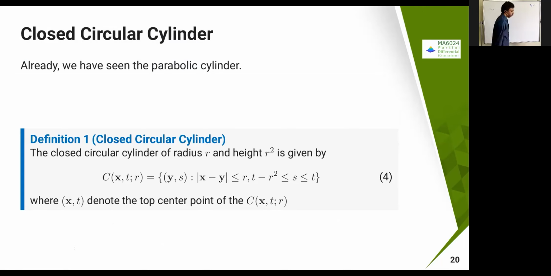In the circular cylinder we are going to take the set of y with |x minus y| less than or equal to r. So this is going to be circular. Once you rise the height, from s equal to t minus r square up to t, it becomes a circular cylinder where x comma t sits at the top center point of C. This is called a closed circular cylinder, whose radius is r and height is r square.